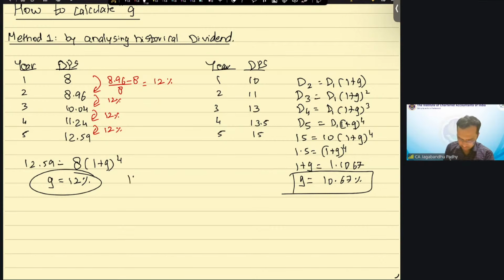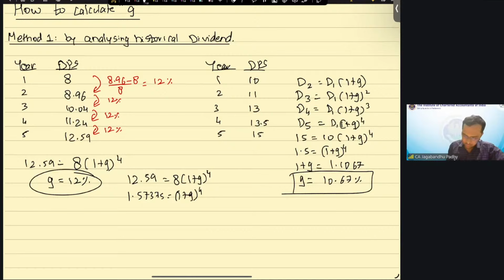Something else? So 12.59 is equal to 8 into 1 plus g raised to 4. So of course, this goes as 12.59 divided by 8, which is 1.57375, is 1 plus g raised to 4. Then 1 plus g is equal to 1.57375 raised to 1 by 4, so the fourth root of it.